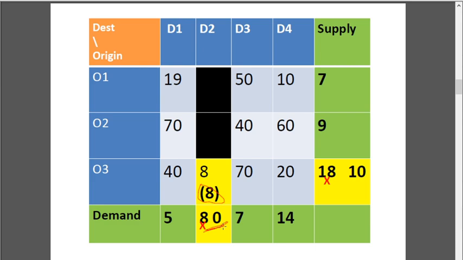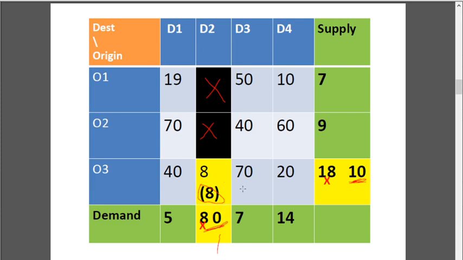All the demand has been allocated, and the supply remaining becomes 18 minus 8, that is 10. Since the demand becomes 0, you can delete the remaining cells in that column, similar to what we had followed in the northwest corner method.